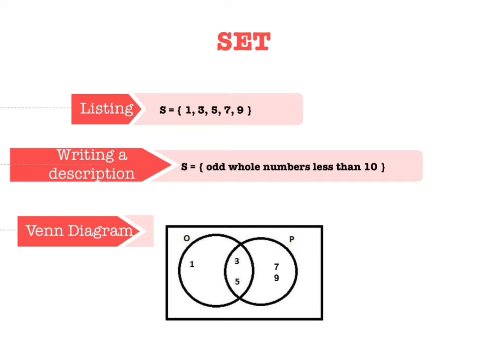First is listing. So in listing, for example, we have set S. Set S has the elements 1, 3, 5, 7, and 9. So you have noticed, if we describe set S, set S are the odd numbers from 1 to 10.